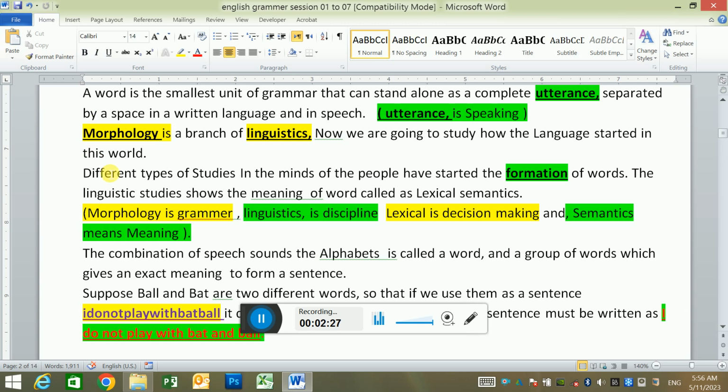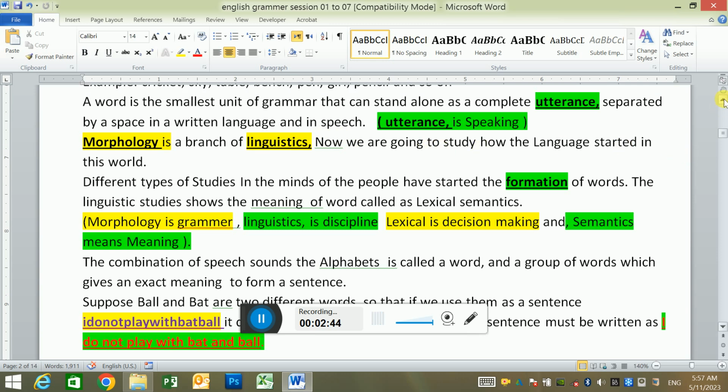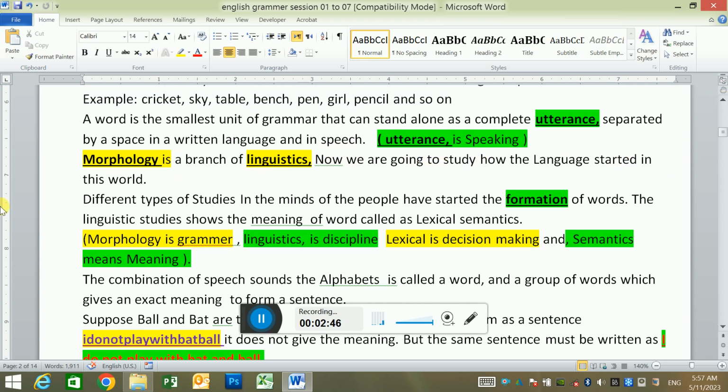The word is the smallest unit in grammar that can stand alone as a complete utterance, separated by a space, and is written in different languages in order to speak or utter.